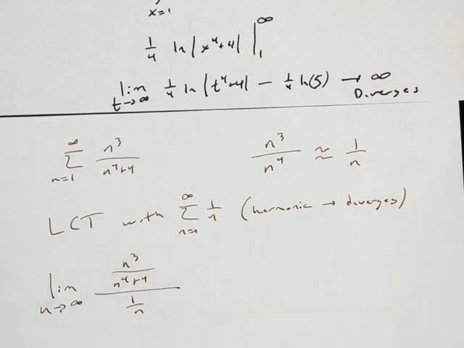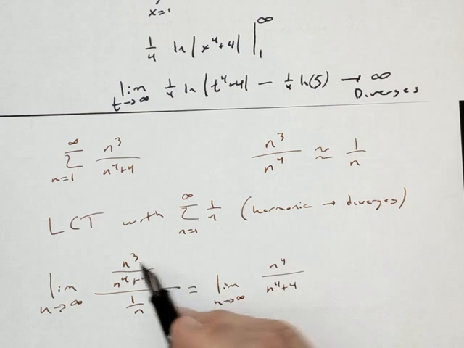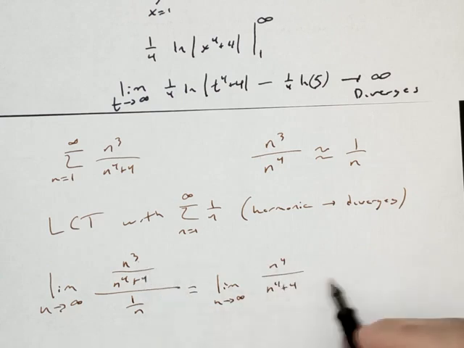And now, Dominic, I can do the limits because now I'm doing a comparison test. When I flip this over, that's going to give me an extra n on top. That makes that n cubed into an n to the fourth. That limit is 1.